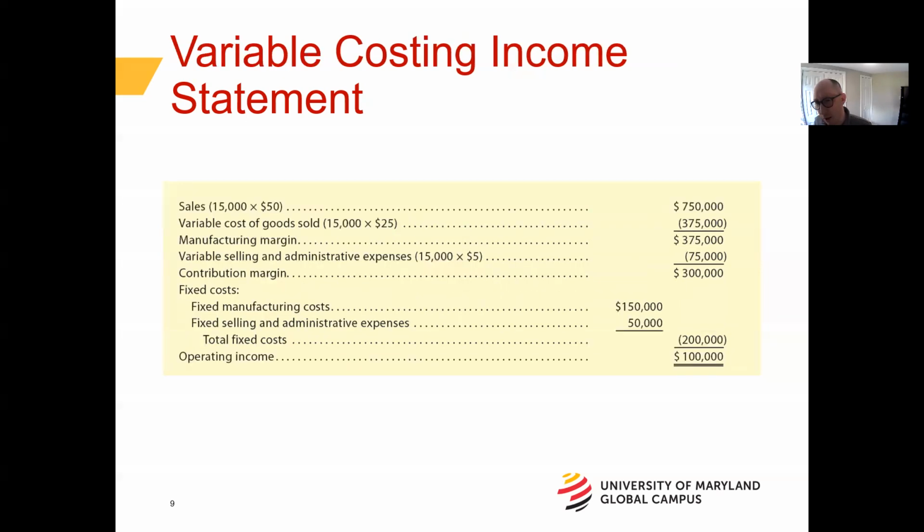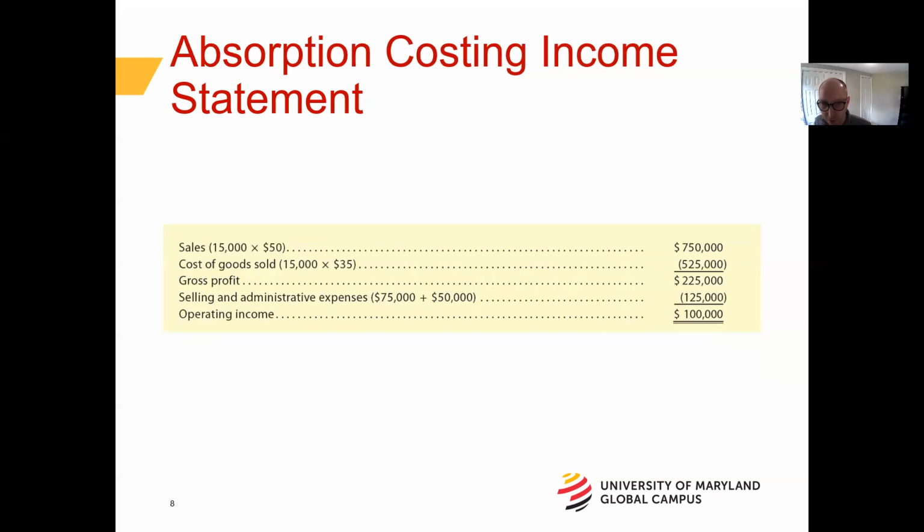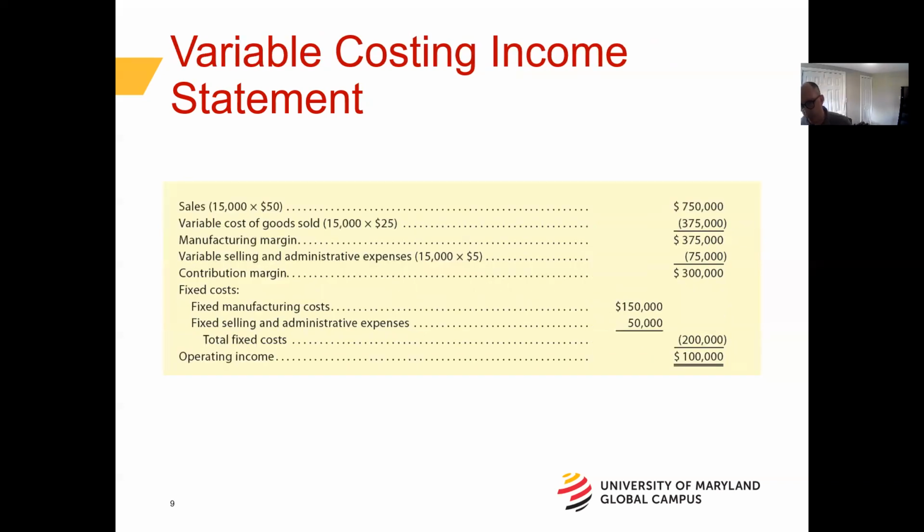The reason why we see such a substantial difference, 300,000 versus 225,000, is because under the variable costing model, we recognize fixed costs as period costs.